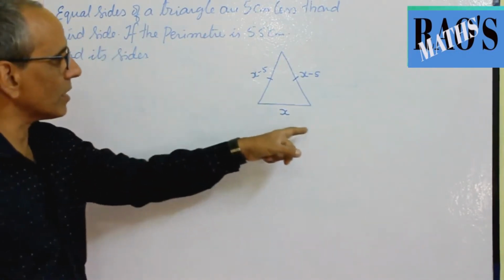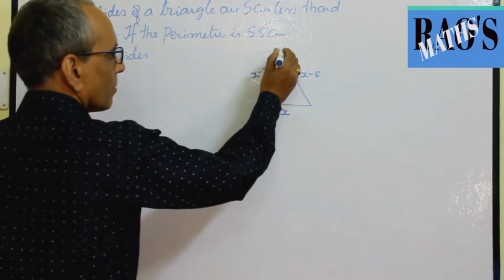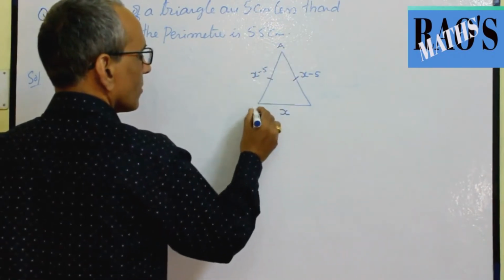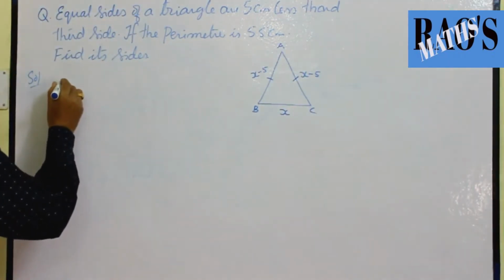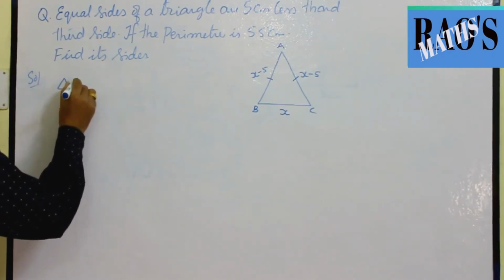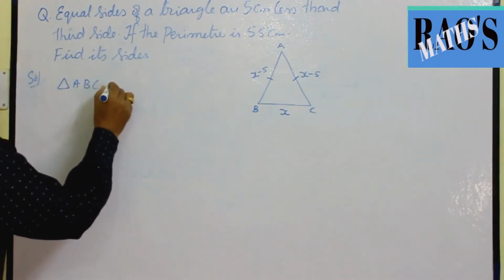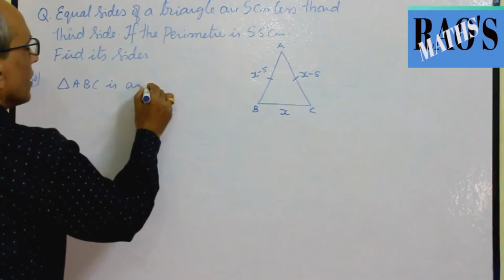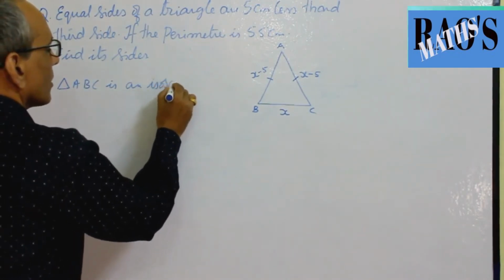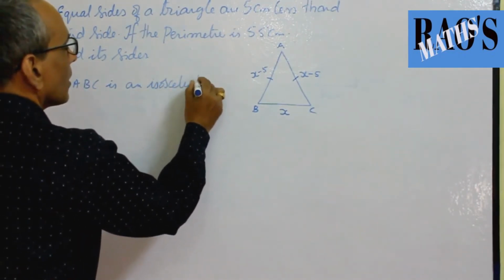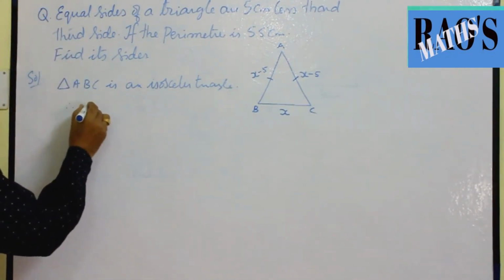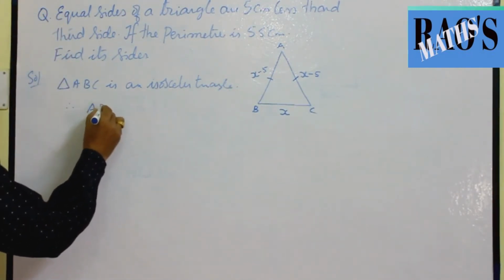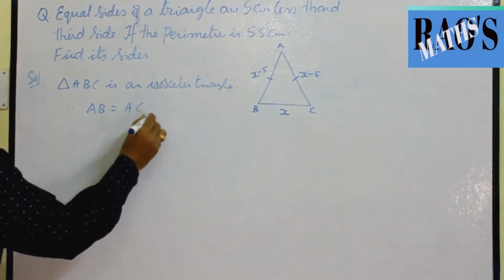That means the sum of the three sides. So let me name the triangle ABC to call it easily. In our solution we define triangle ABC is an isosceles triangle. Therefore, I say AB is equal to AC.